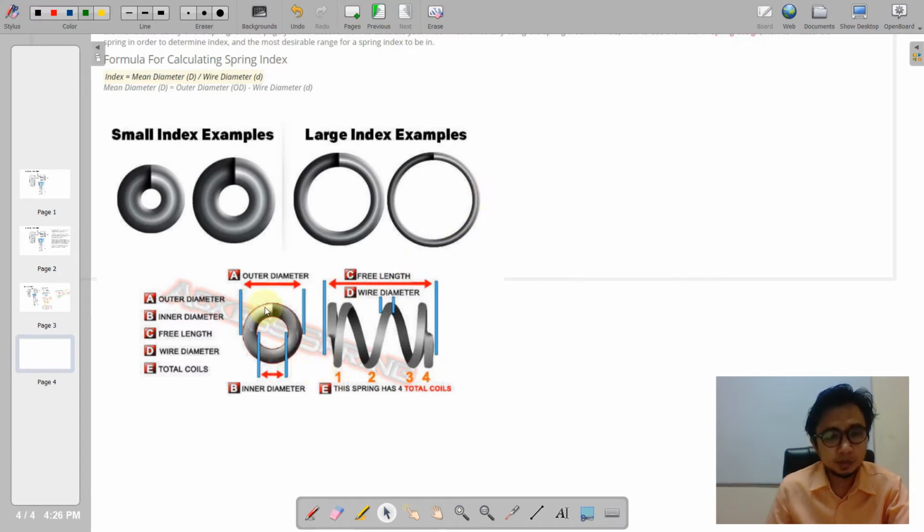As we can see here in the figure, the inner diameter is edge to edge of the inner circle, and then edge to edge of the outer diameter. Okay, and then the free length is measured as that, and of course the wire diameter, and the count of the coils is just counted on one side. So we have a coil count here of 1, 2, 3, and 4.